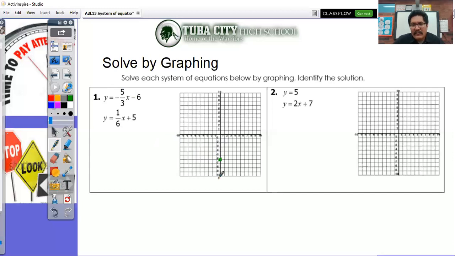And if I go down 5 over 3, I'm going to end up off the graph. So instead of down 5 over 3, I'm going to go up 5, back 3. Up 5 and then back 3 would be right about there.